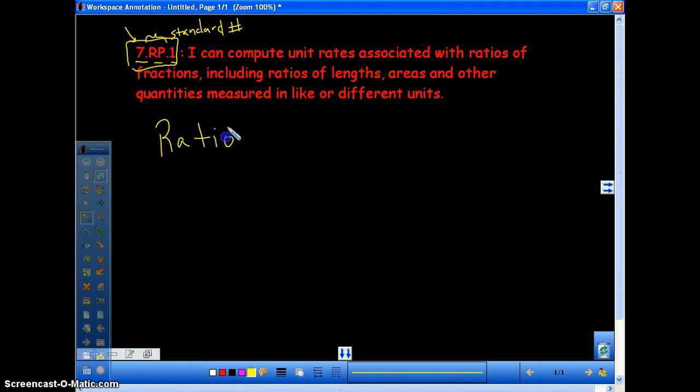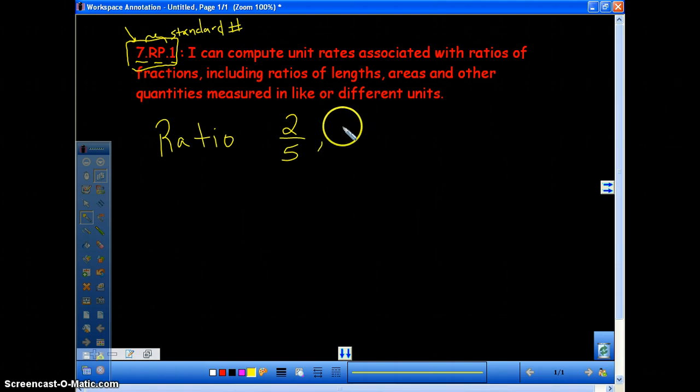So a ratio is a comparison of two numbers, and that's all it is. So it's taking two numbers and writing them in one of three ways. So we're going to look at 2 to 5 as a ratio. One way to write that is in a fraction form. The first number that is said is in the numerator position, the second number in denominator position.